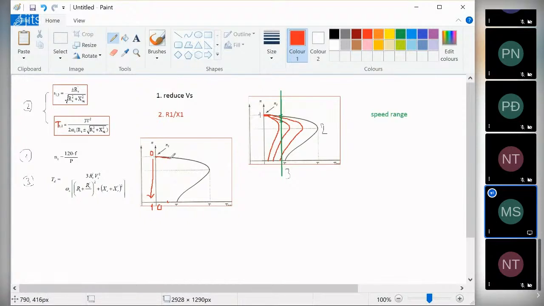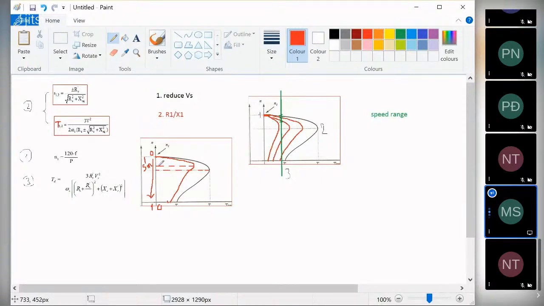The top will move up. This is the first maximum slip, and this is the second maximum slip.